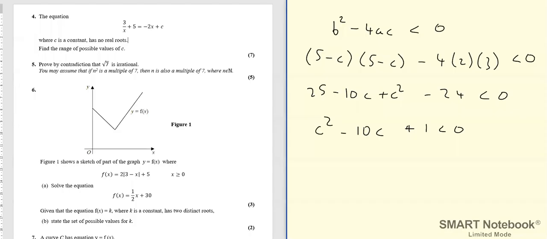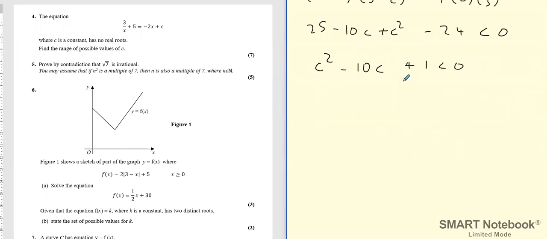Now this is a quadratic inequality. For quadratic inequalities, what's good is to be able to sketch them or find the roots so that we can sketch them and shade a region on the graph essentially. So maybe what I'm going to do is complete the square.